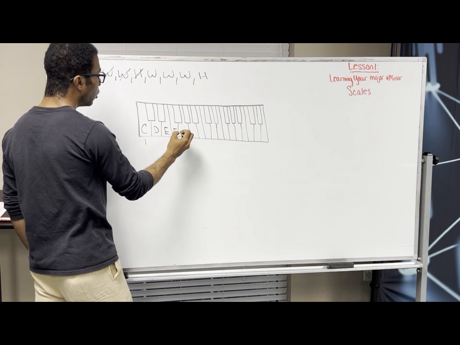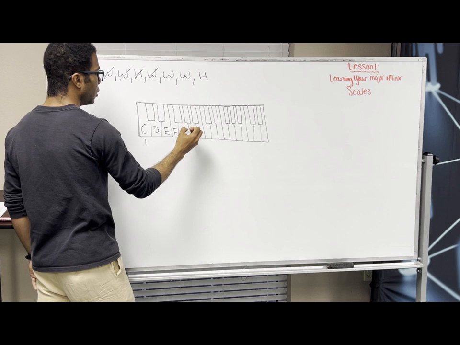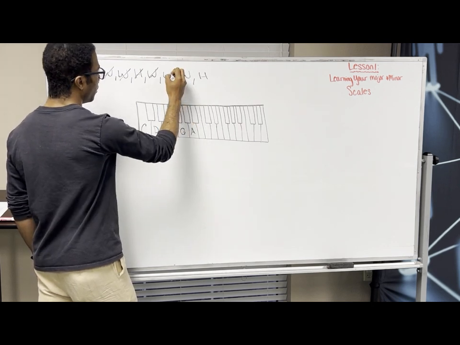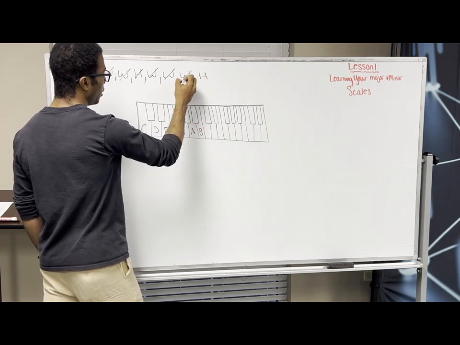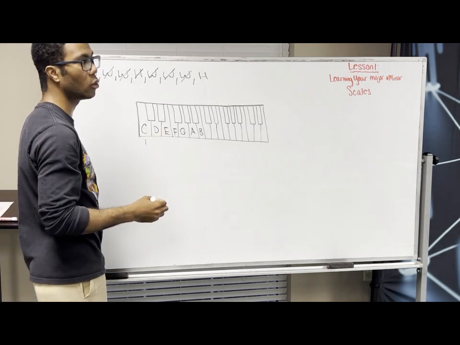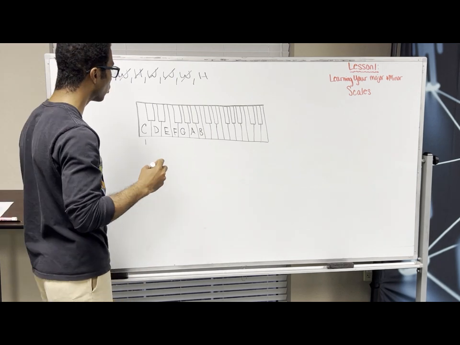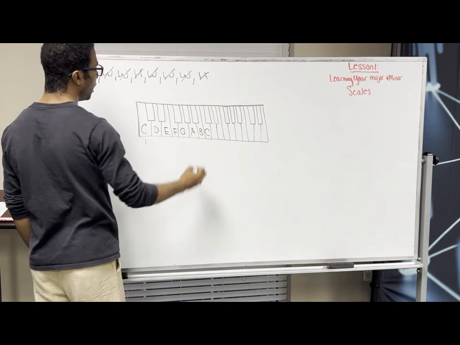Next is a whole step, which is G. Second whole step, A. Third whole step, B. And lastly, we are back to the root, otherwise known in music theory as the tonic, the root note of our scale. We are back at C with the last half step.